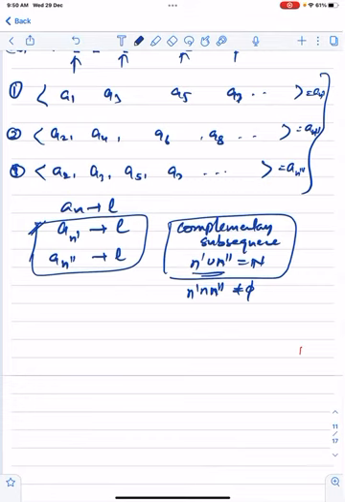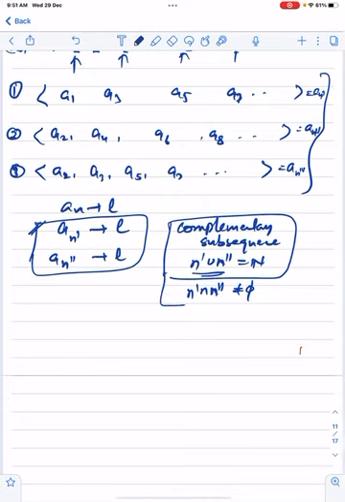So when you take the union of all the subscripts of n dash and n double dash, and they give you the capital N, then you will say the two sequences are complementary.